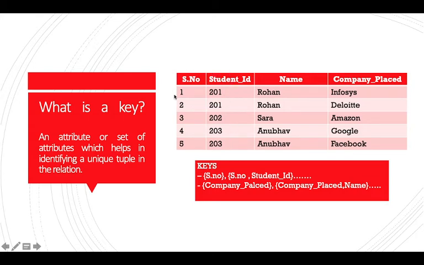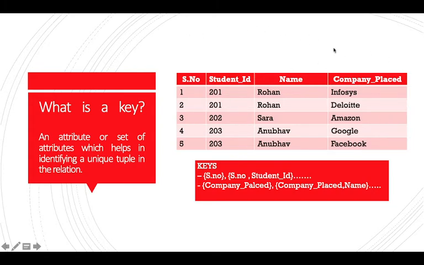But if I choose student number and student ID together, it will fetch me a unique record. If I choose student number 2 and student ID 201, it is going to fetch me Rohan and Deloitte. If I choose student number 1 and student ID 201, it is going to fetch me Rohan and Infosys. So any key can be grouped with a non-key as well, and that together can be called a key.